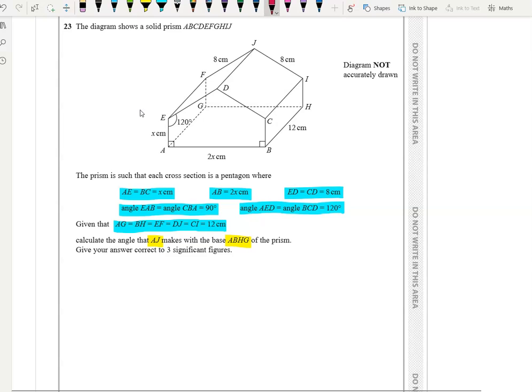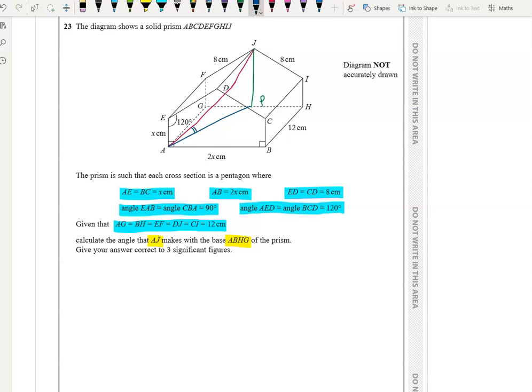Okay, so first thing, let's join AJ. You need to find the angle AJ makes with the base. So what we will do is we'll drop a perpendicular from J. Suppose it meets at point P and join A and P. Okay, now we need to work out the angle between AJ and AP.